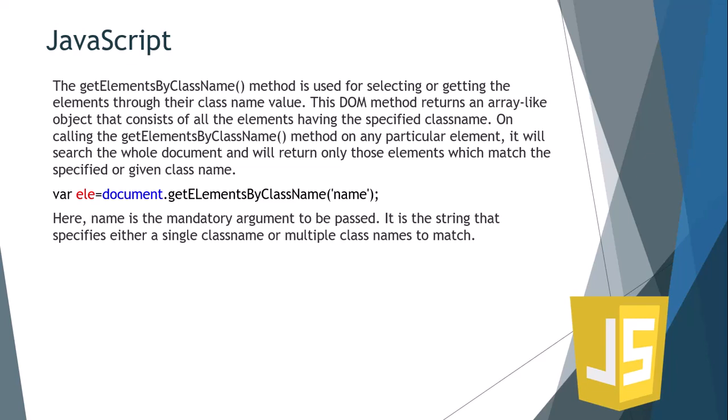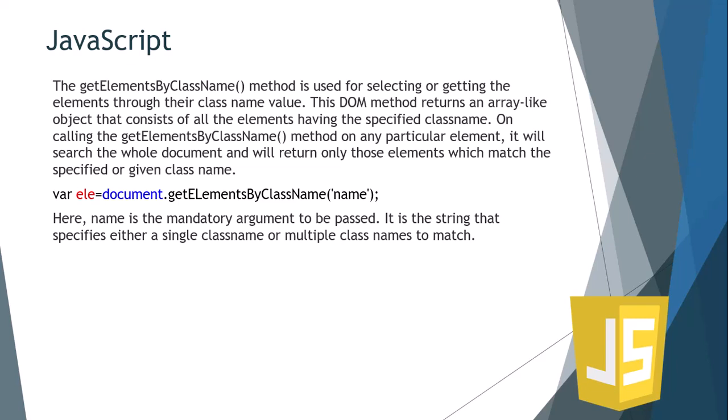This method returns an array-like object that consists of all the elements having the specified class name. On calling the getElementsByClassName method on any particular element, it will search the whole document and return only those elements which match the given class name.